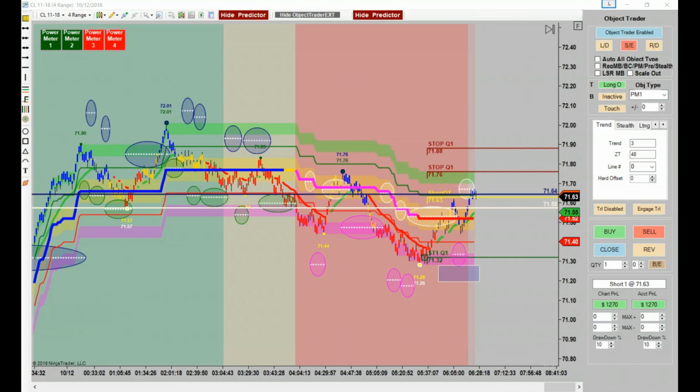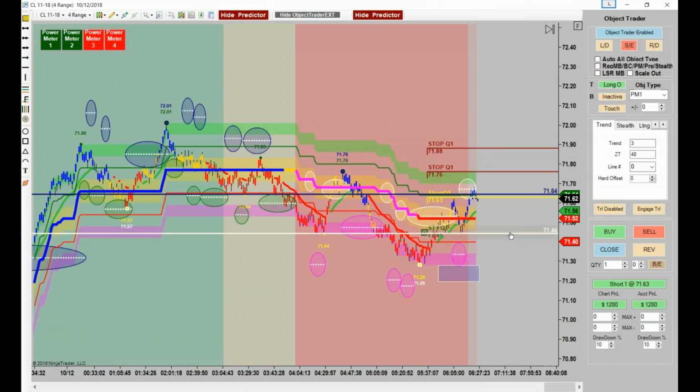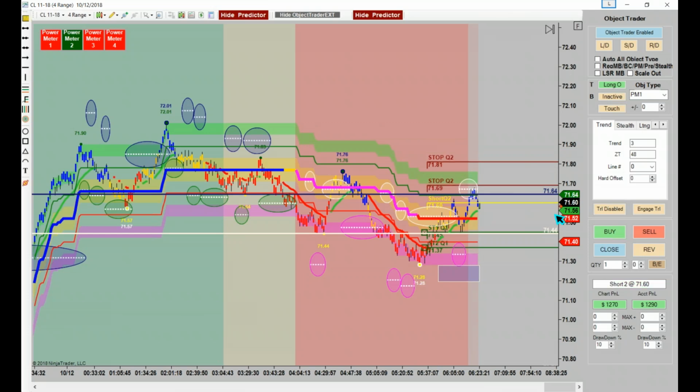Let's see if we get something. Oh, here's another swing to the left. Let's put a target here. I just saw that. See it? Bring your stop down now, just in case this decides to just blow up.